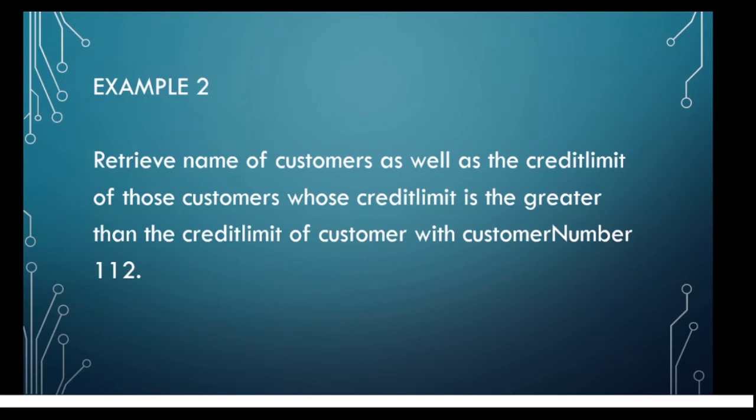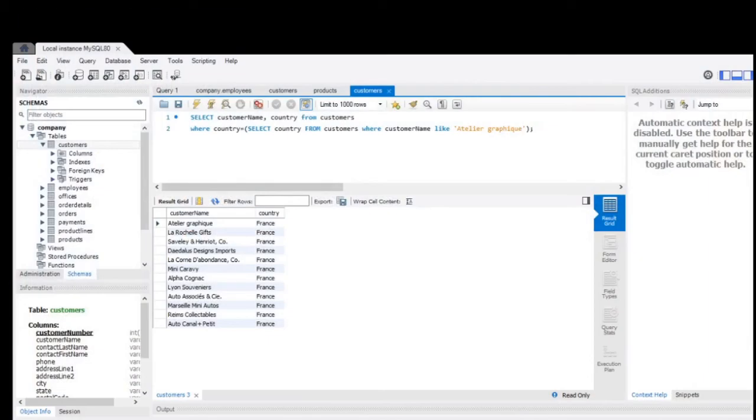Retrieve name of customers as well as the credit limit of those customers whose credit limit is greater than the credit limit of customer with customer number 112. So, i-retrieve daw natin lahat ng customers na ang kanyang credit limit ay greater than the customer number 112. So, let's go back to our database. Now, let's try the other query.